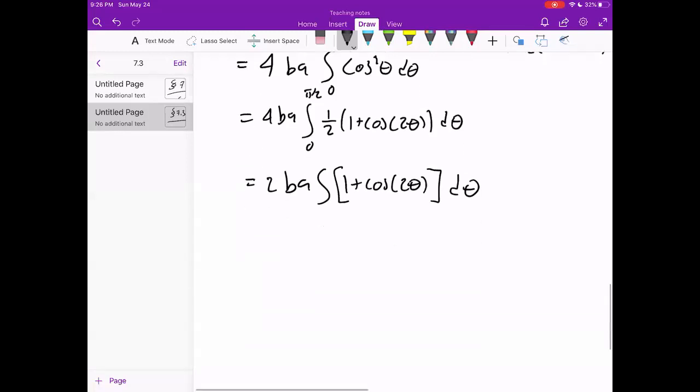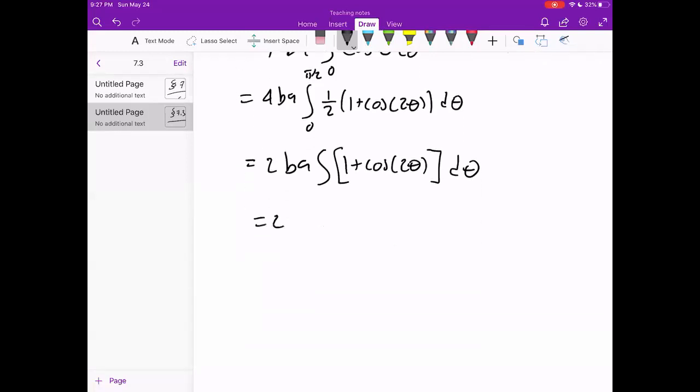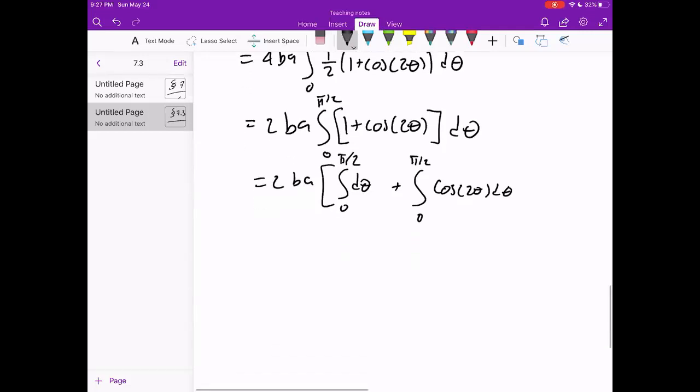And now we're going to do this integral. Still going from 0 to pi over 2, I'm going to have the integral from 0 to pi over 2 of d theta plus the integral from 0 to pi over 2 of cosine of 2 theta d theta. Let me clean up my work here so you can see what I'm actually talking about.